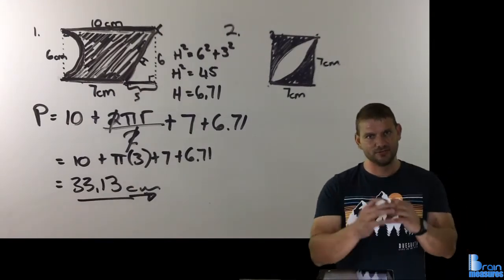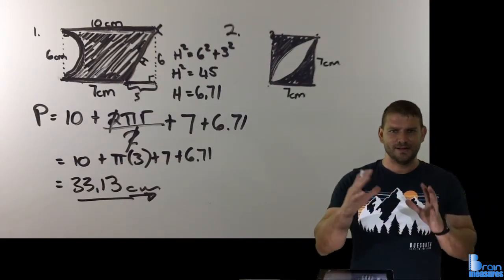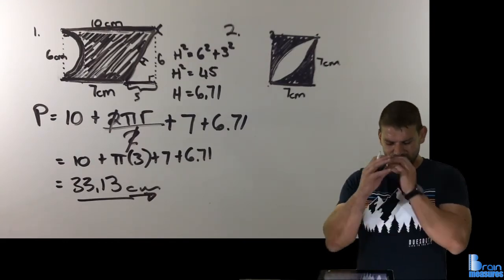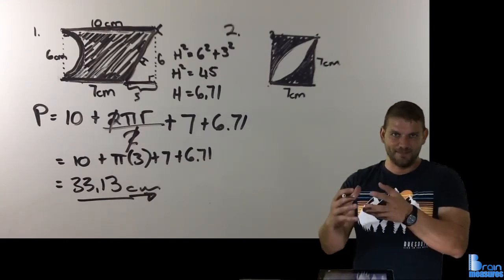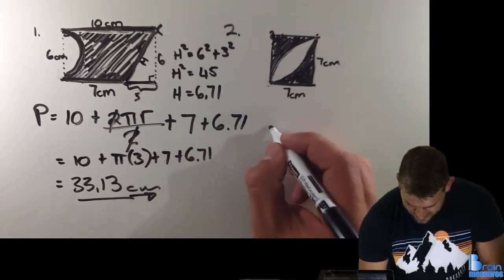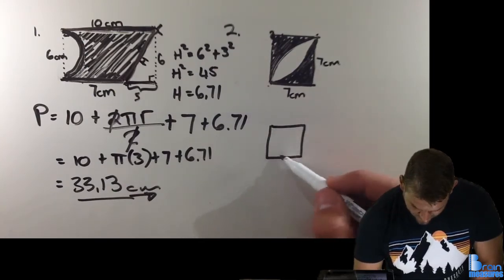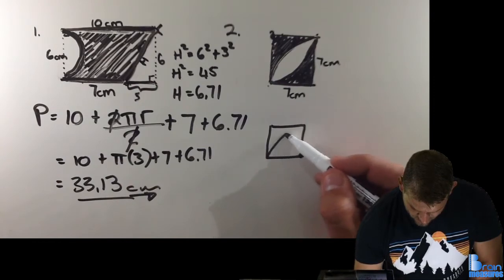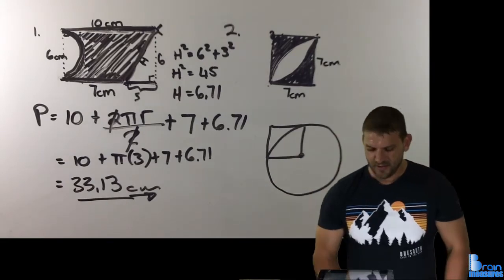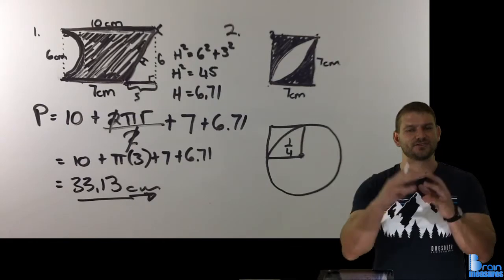Okay, now number 2. Now number 2 is a tricky one. Now in order to calculate this, you need to think of circles, and we need to break this down. They love asking questions like this. It's quite tricky, and therefore a good question. If I were to break this up, and I want to just quickly take this rectangle, if I were to take this and then draw a circle around, then this is a quarter of the major or the big circle.